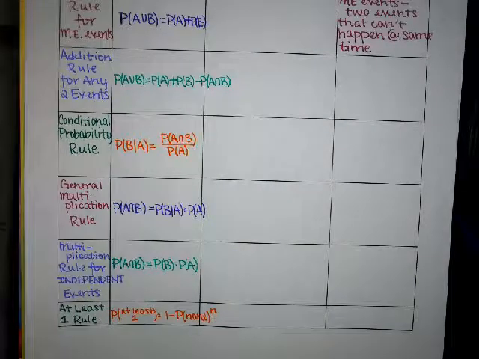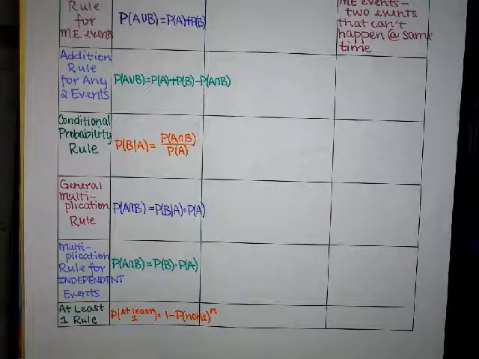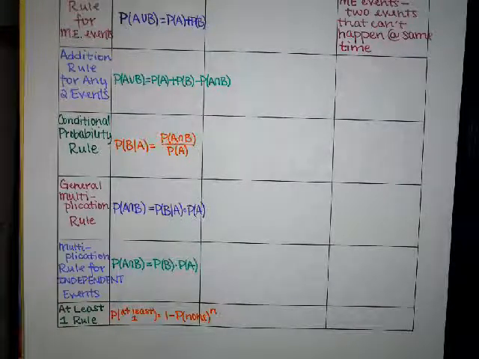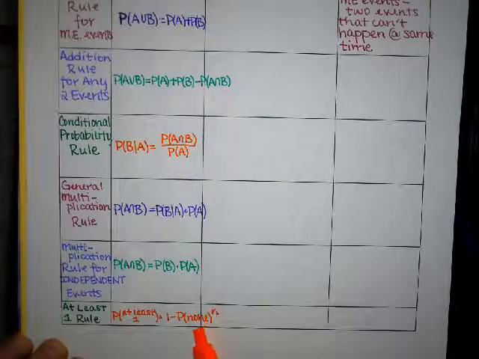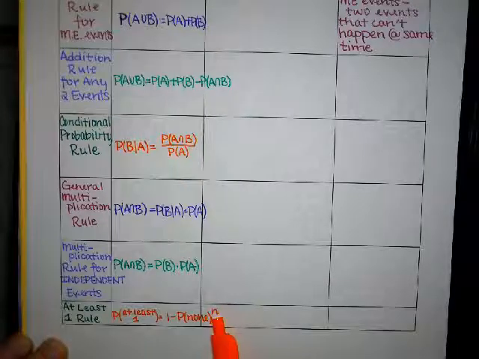So yesterday we talked about the Mountain Dew, and the guy bought 5 bottles, so what's the probability that he wins on at least one? Well, we did 1 minus the probability none of them are winners to the 5th power because it was 5 bottles.